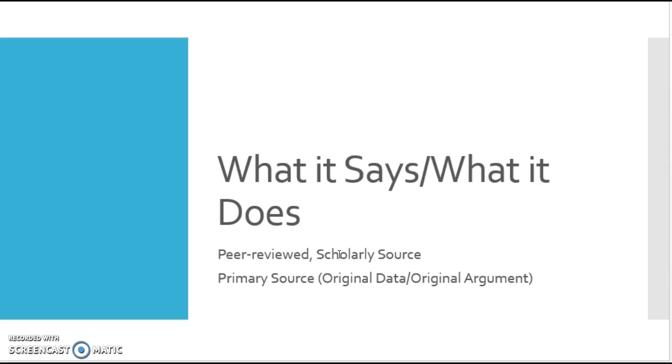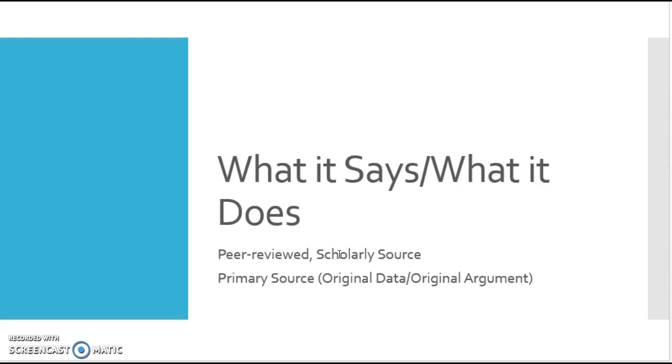You also completed the what it says, what it does assignment. Again, this assignment asked you to use a peer-reviewed scholarly source, also a primary source that had a collection of original data or the construction of an original argument. As I mentioned before, these can be found in peer-reviewed scholarly academic journals.